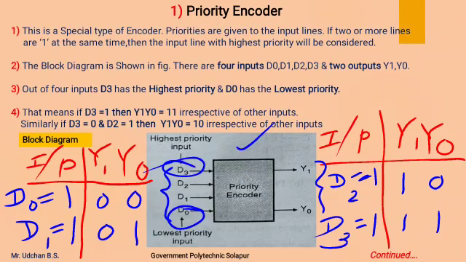That means if D3 is 1, as the example shows, then Y1, Y0 will be 1 1 irrespective of the other inputs.